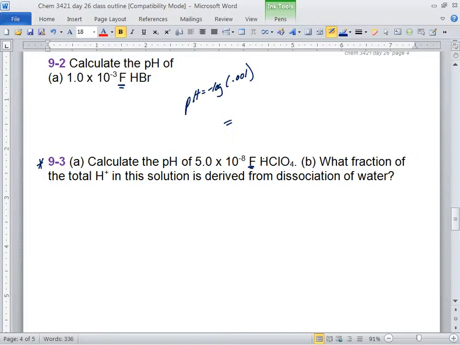Why am I confused? Why do they have formal there? Yeah, because it's all its forms. Well, what forms are there of hydrogen bromide? H plus would be our mind. There isn't any. What are the forms of perchloric acid? There isn't any.